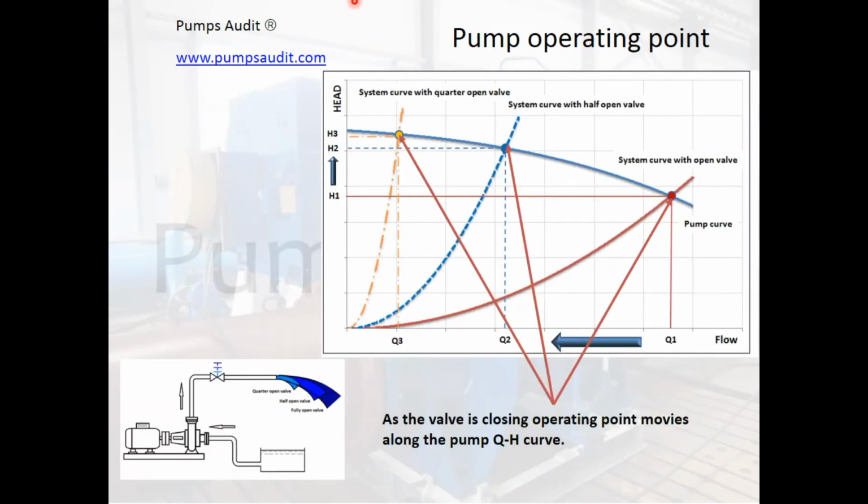On this graph, you can see how the position of the operating point changes depending on the system characteristic. It reminds us that the operation of the pump is defined by the system where the pump is installed. If we change the system curve, for example, by a valve, the operating point moves along the QH curve.